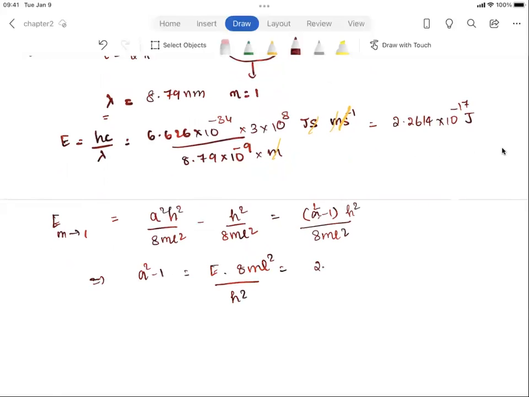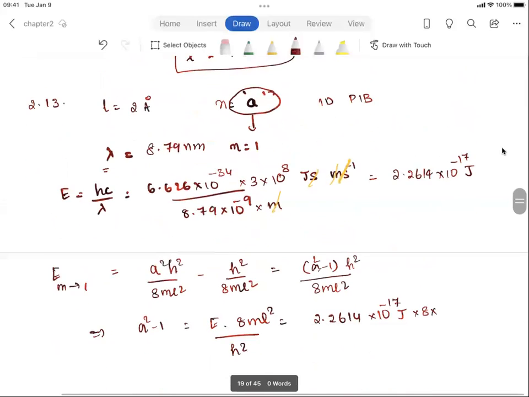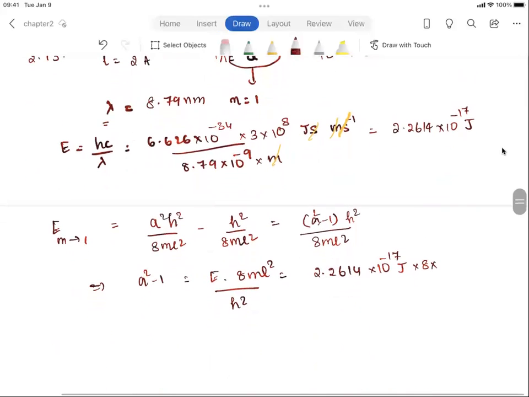We know the energy, which is 2.2694 times 10 to the power negative 17. We know the mass of the system, right?